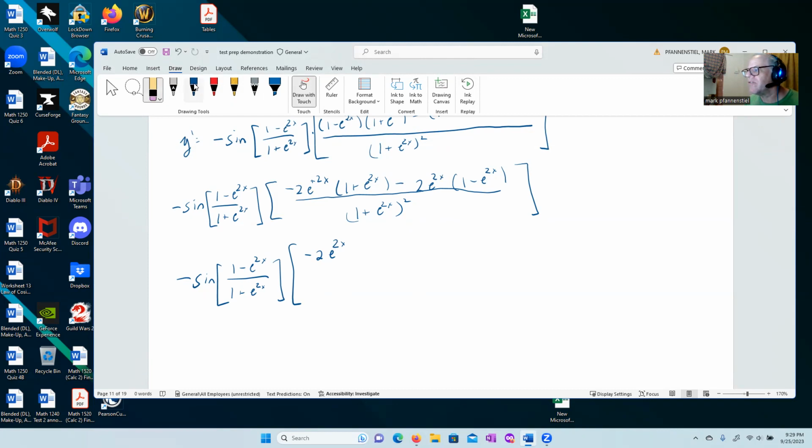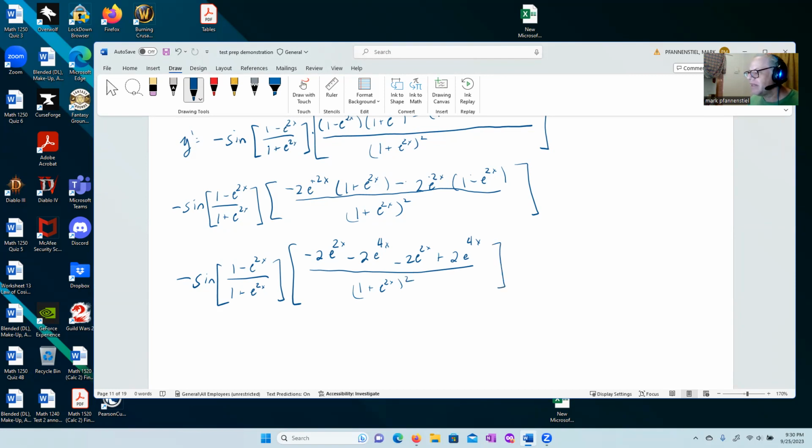Let's change that to a minus. So we have minus 2e to the 4x, because when the bases are the same, we add the exponents. And here we have minus 2e to the 2x. That's this piece. Negative 2 times negative 1, we have plus 2e to the 4x, again adding the exponents. All divided by 1 plus e to the 2x, all squared.